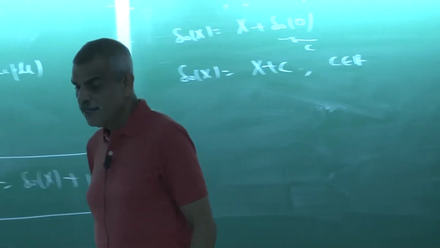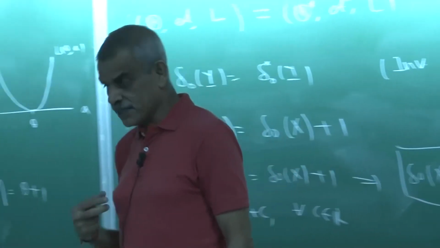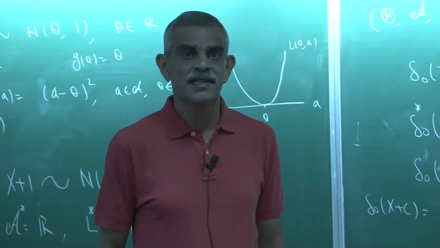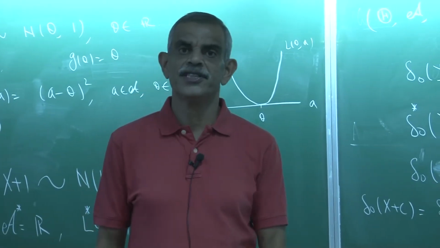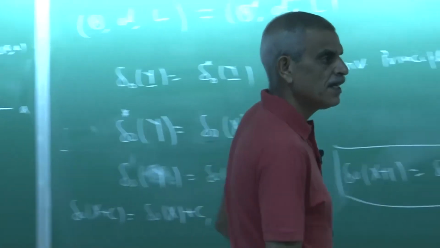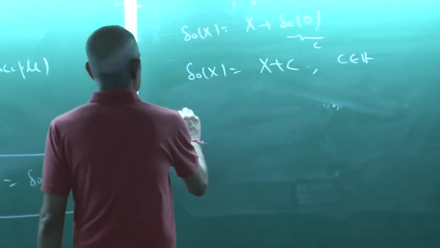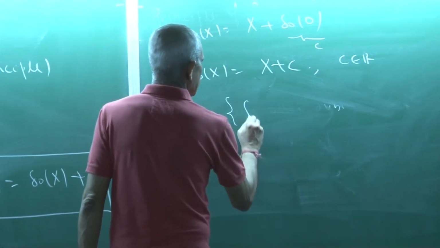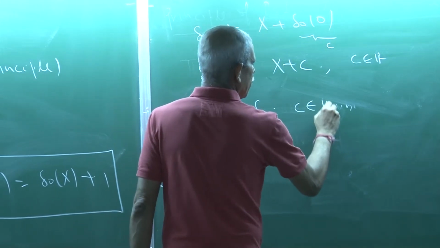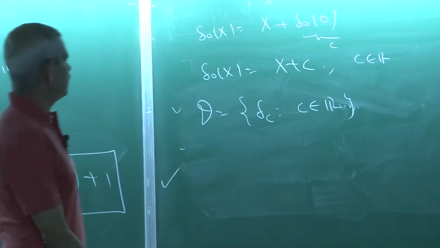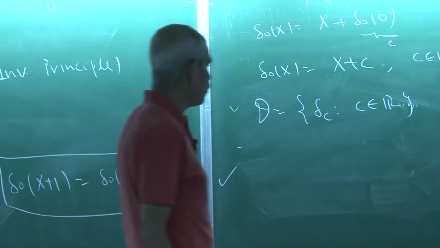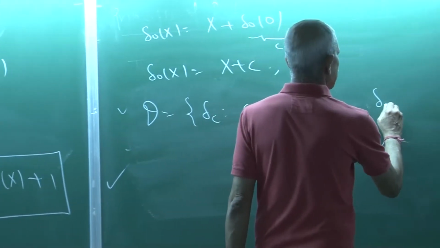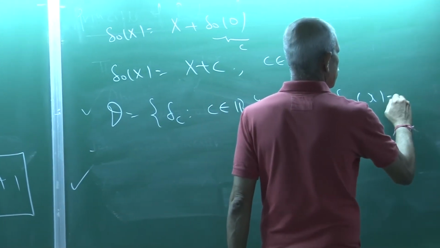So you see, the class of estimators could have been very big, but it says I can reduce it to only estimators of this type. So it is enough to consider estimators of this type: D is equal to delta c, c belonging to R, where delta c of x is x plus c.